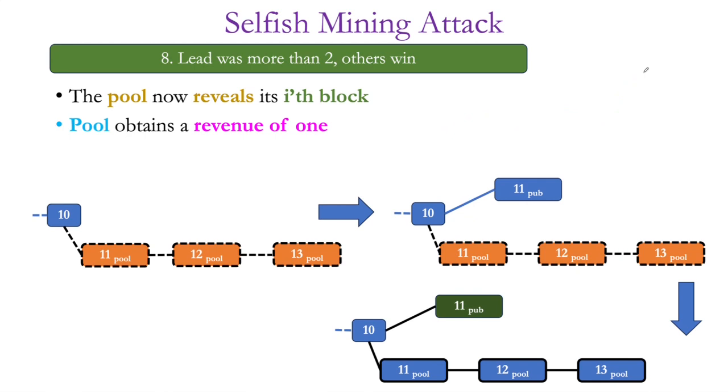So therefore, the actual revenue rate of each agent is the revenue ratio rate, we say. So this is the selfish mining attack that takes place inside the blockchain.